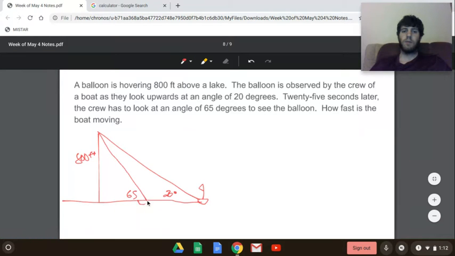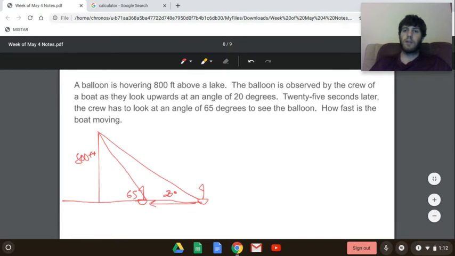So now the boat has gotten closer. The wind should probably still be going in the same direction. So the boat has now moved closer towards the balloon. Okay. And we want to figure out how fast the boat is moving.